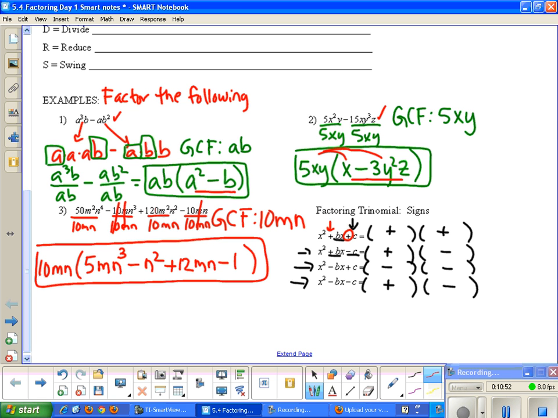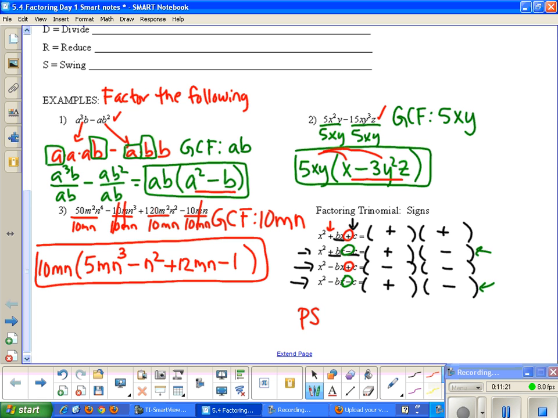When it's a plus here and a negative, your signs are negative. So notice that when the plus is on the last number, they're both positive. A way that I remember that is plus for the third term means same sign. And then if the other sign is negative, such as here and here, notice that your signs are opposite for each binomial.